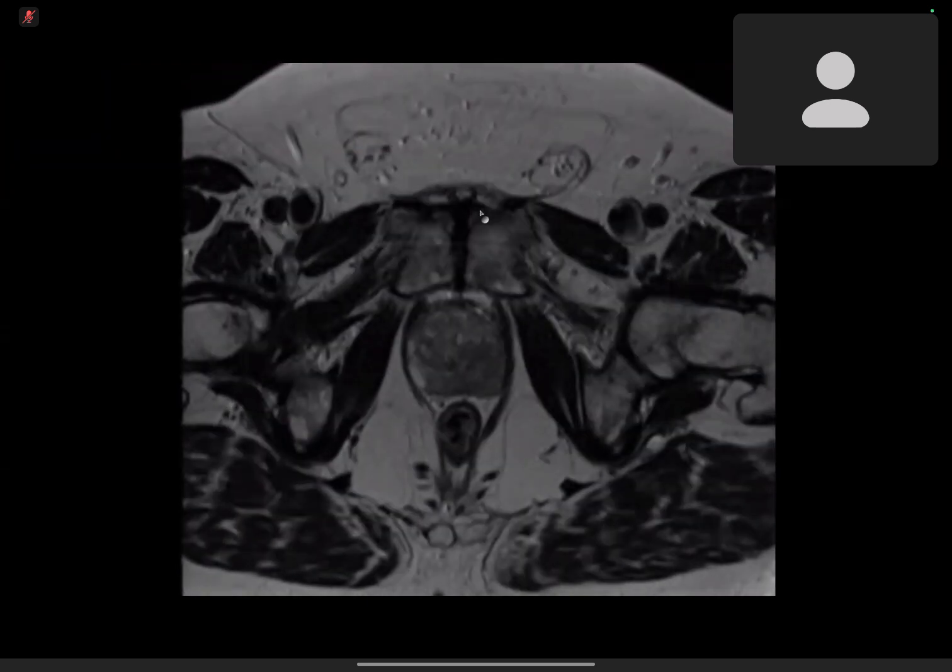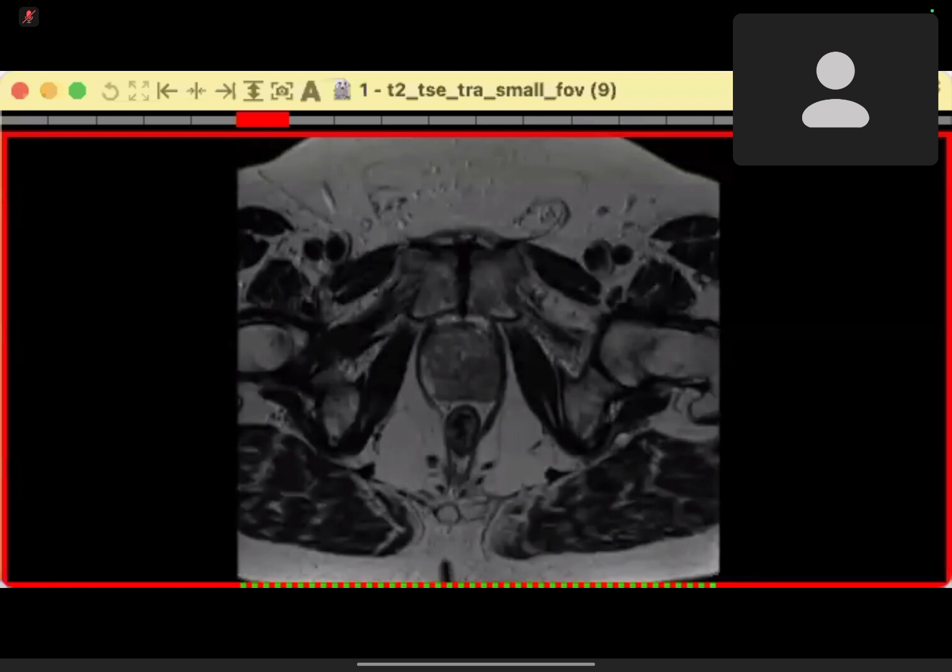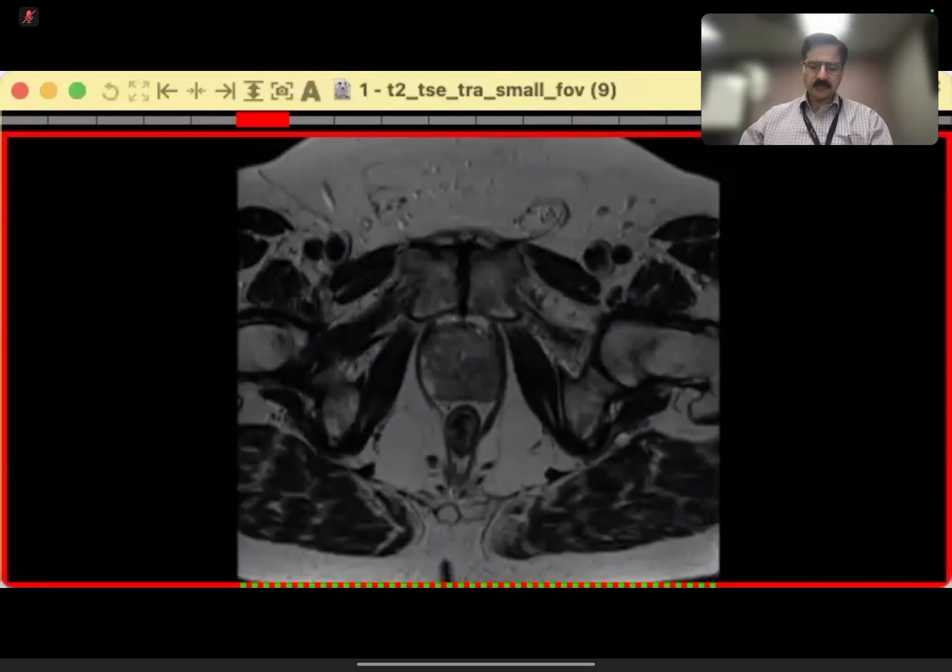So I think it is a T3 lesion with periprostatic extension, and I'll discuss this case with the genitourinary team and discuss further management. Suggest a bone scan to look for any bone mets, and CT for local staging. Okay, thank you. Thanks.